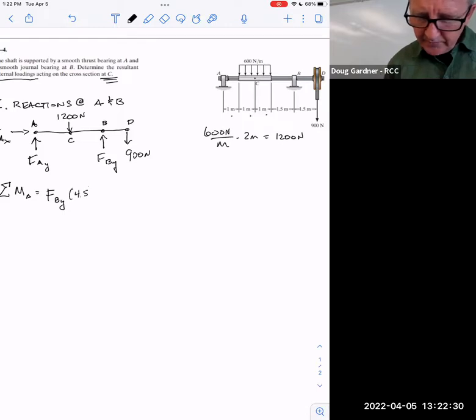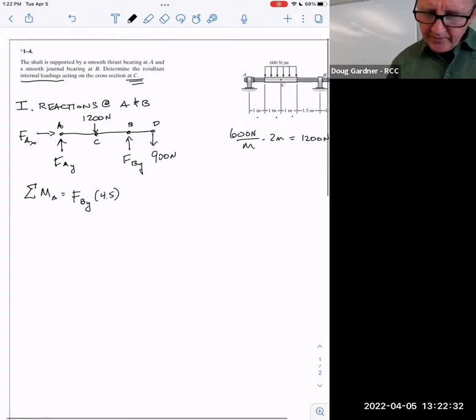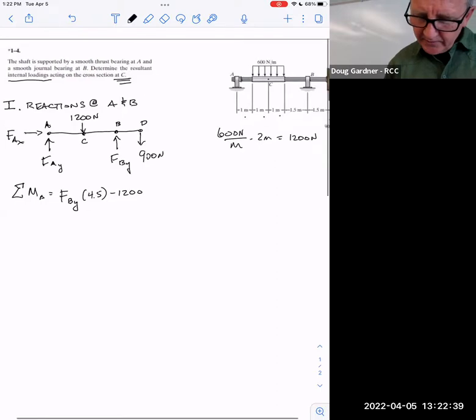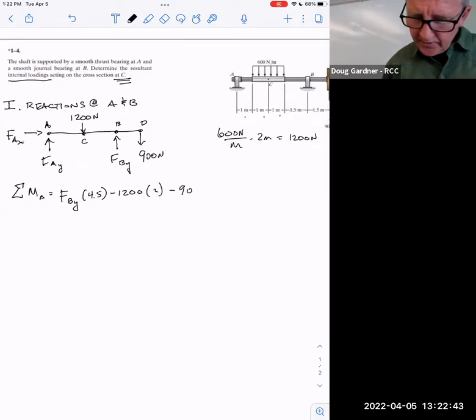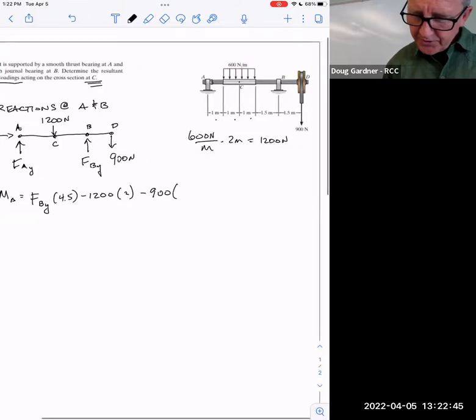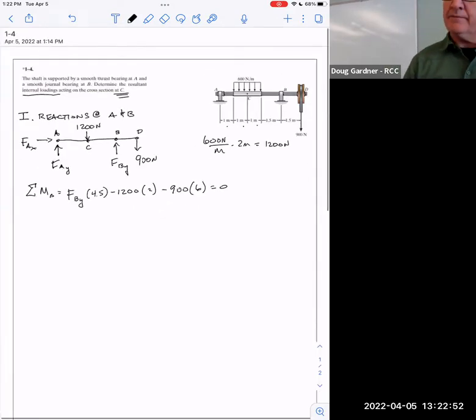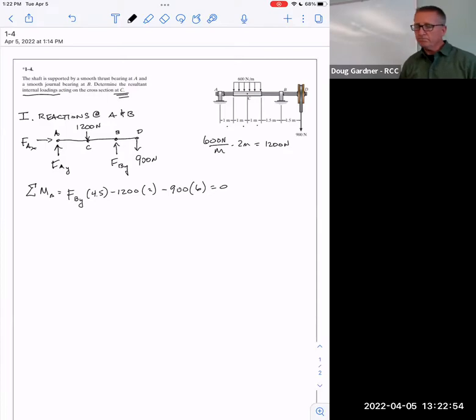It's 4.5 meters away, and that's positive. But 1200 is trying to get it to rotate clockwise, which is negative, and that's a distance of 2. And 900 is also trying to get it to rotate the opposite direction, and that's a distance of 6 meters. And that's it, and I need that not to rotate. True?